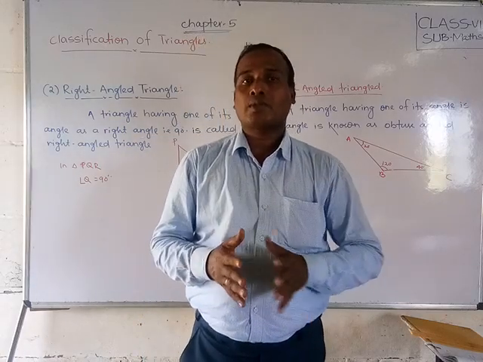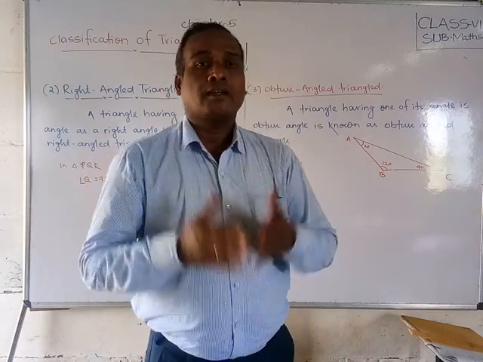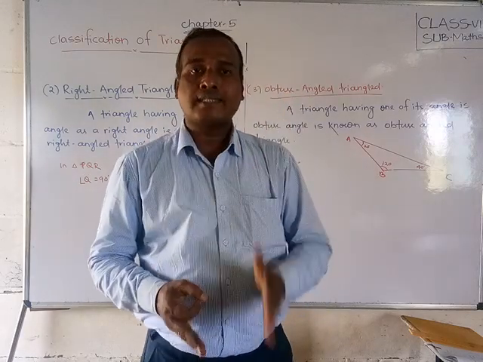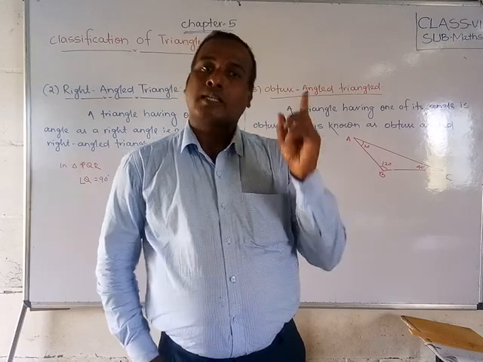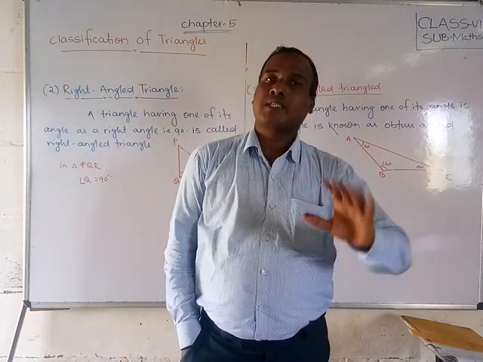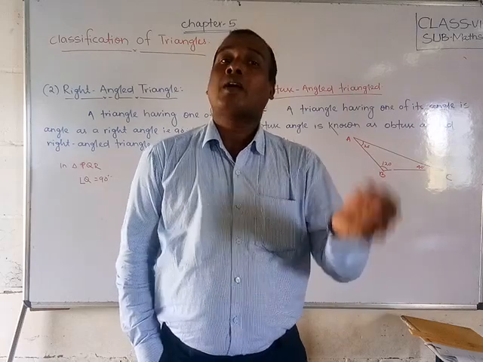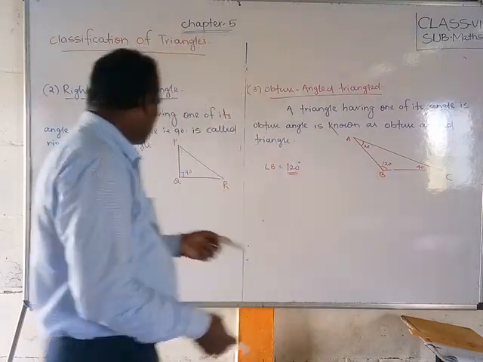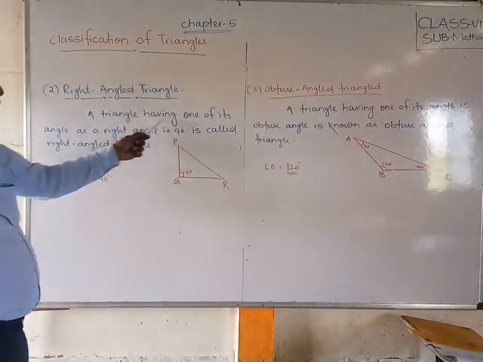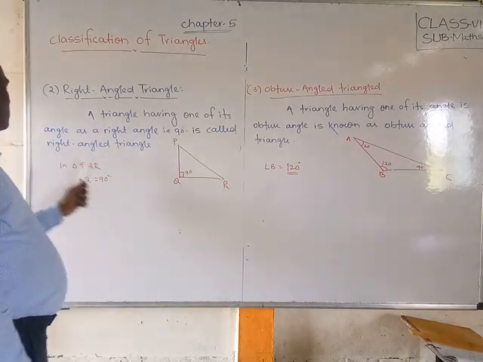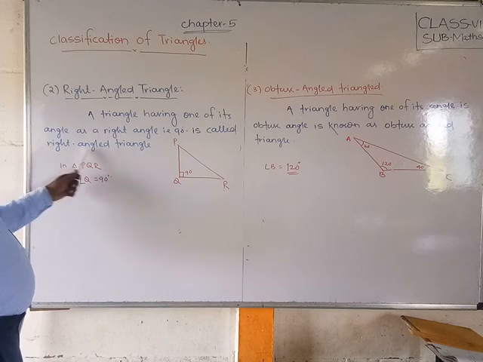So remember carefully, friends, what a right angle triangle is. If a triangle has one of its angles equal to 90 degrees, only one angle, then we can say it is a right angle triangle, and the other two angles are acute angles. So, students, the definition: a triangle having one of its angles as a right angle, that is 90 degrees, is called a right angle triangle.